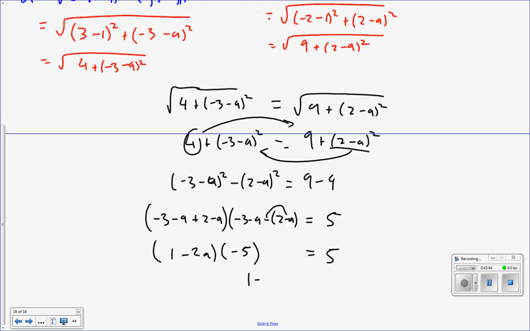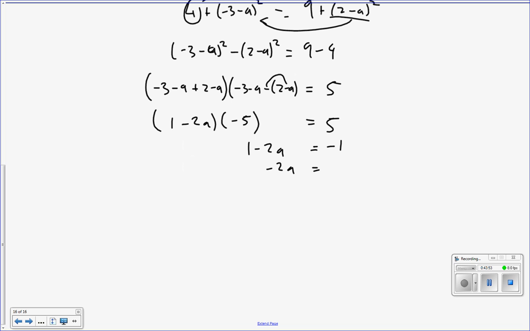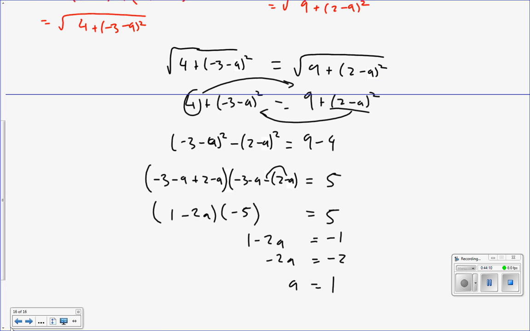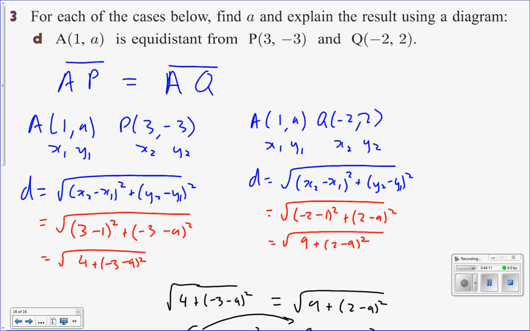So 1 take 2a is going to be equal to negative 1. So negative 2a equals negative 2, because opposite of adding 1 is taking 1. So a equals negative 2 divided by negative 2, which is going to be 1. And so that is one unique solution for that one there, where we're saying that that point there is equidistant from both of those 2 points.